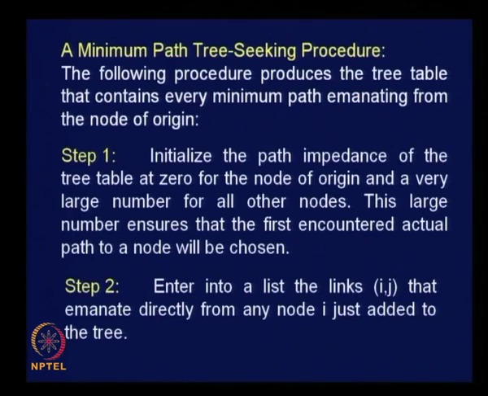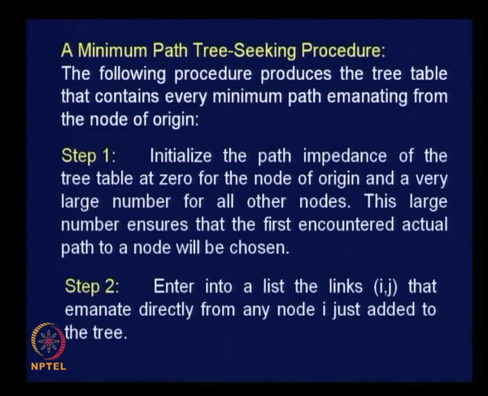Step 2: enter into a list the links ij that emanate directly from any node I just added to the tree. I will repeat: enter into a list the links ij, starting node, ending node details, I and j details, that emanate directly from any node I just added to the tree.